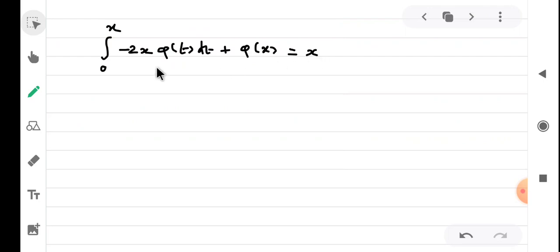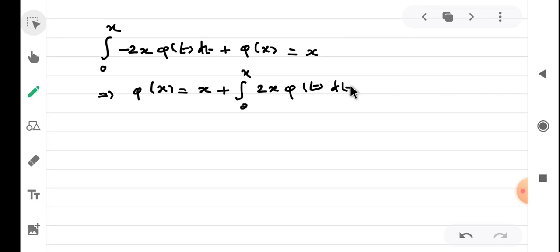Okay, so from this I can write phi of x is equal to x plus integral 0 to x 2x into phi of t into dt.